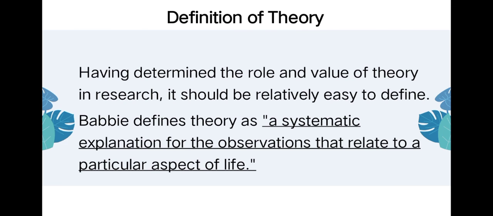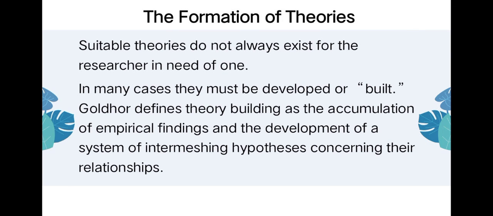Definition of theory. Having determined the role and the value of theory in research, it should be relatively easy to define. Bobby defines theory as a systematic explanation for the observations that relate to a particular aspect of life. The formation of theories.